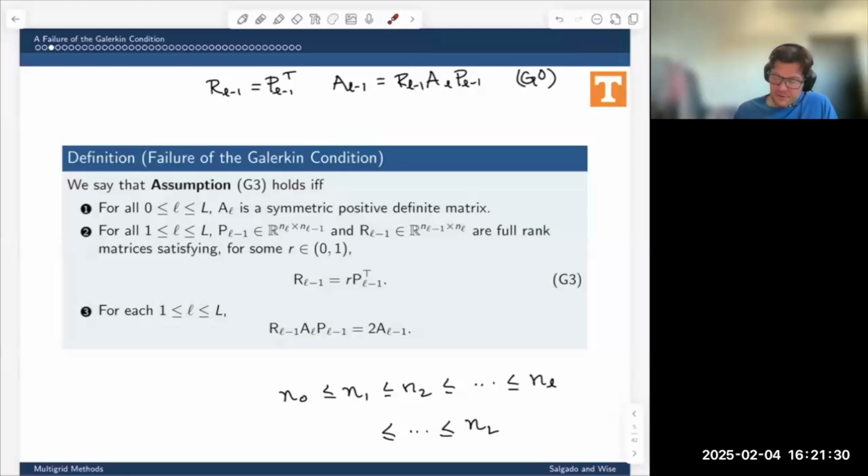Normally we're going to assume that these are full rank non-square matrices. And normally for the Galerkin condition, the restriction is the transpose of the prolongation. Now we're not going to assume that anymore. We're going to say the restriction is equal to some constant r times the transpose of the prolongation, where r is some number between 0 and 1.